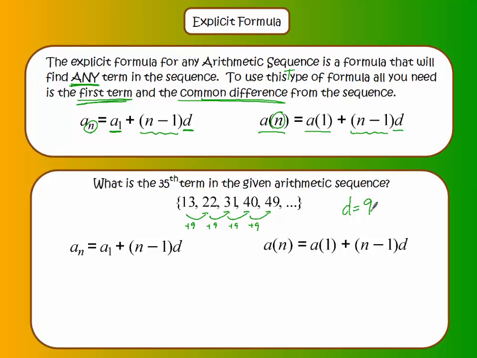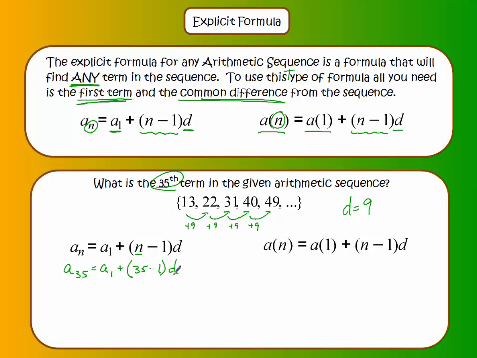Now let's start to use this. If I want to find the 35th term, n is going to be 35. So I'm looking for a sub 35. That equals the first term, a sub 1, plus n, so 35, minus 1 times d.